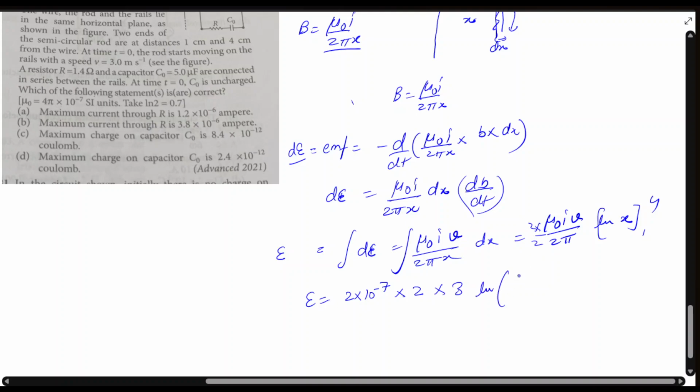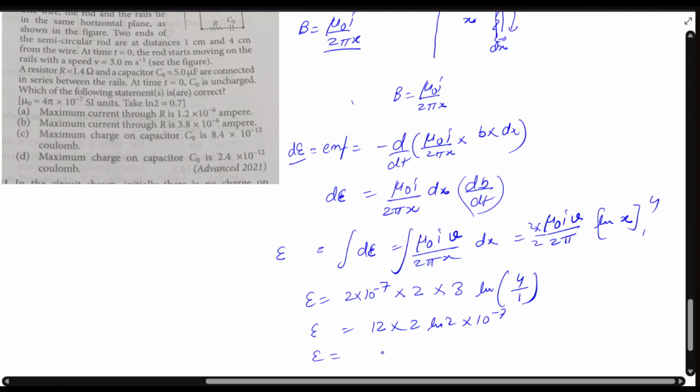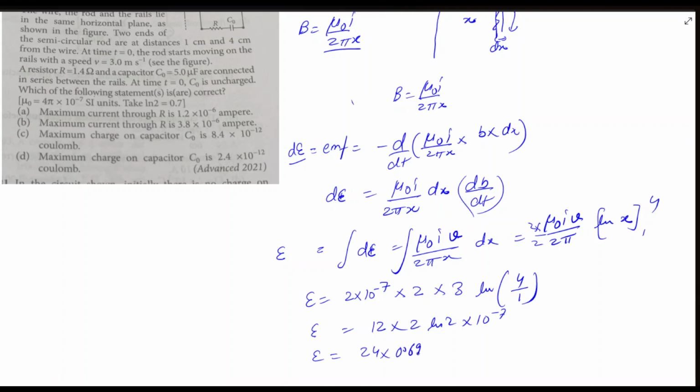Ln 4 by 1. So this will be 4, and this will be 12 into 2 ln 2 into 10 raised to power minus 7. This is the EMF. So EMF will be 24 into 0.693 into 10 raised to power minus 7 volts. So how much will it be?